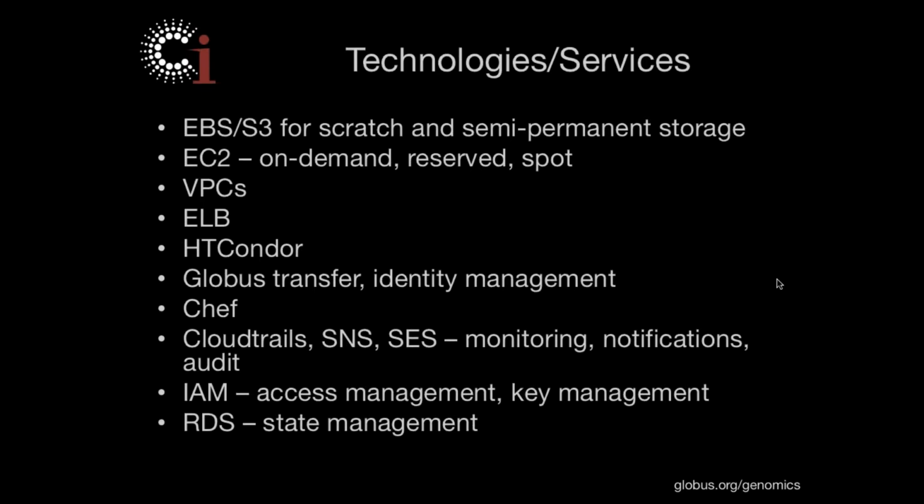So we have recipes that allow us to reliably launch these capabilities on Amazon, and we have a bunch of other services for monitoring and auditing, RDS for databases and managing state using these databases, and identity and access management to control which account in Amazon we use to launch these spot instances, and also manage billing using that.